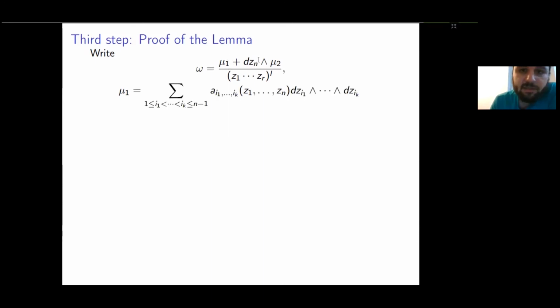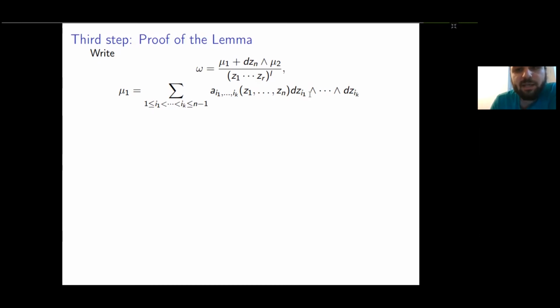By this, I mean that the expression of mu1 has to be of the form some holomorphic function times this kind of differential dC_i1 until dC_ik, because it is a k-form, but with these i1 until ik between 1 and n-1.